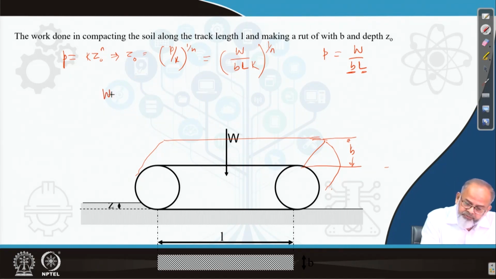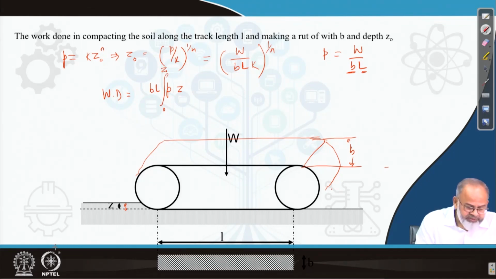So work done will be equal to pressure into area, that will give you the force which is applied. So B into L, then P. How much has it gone? To depth Z, which is indicated here, sinkage. So this has to be integrated from 0 to z0.